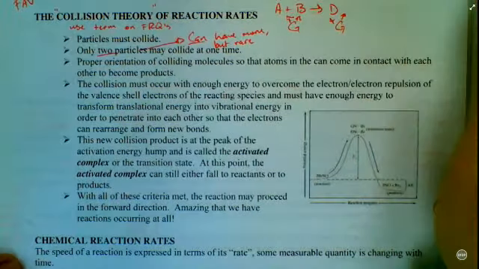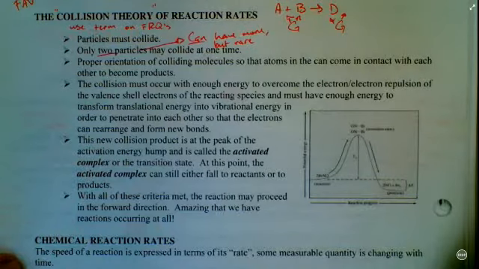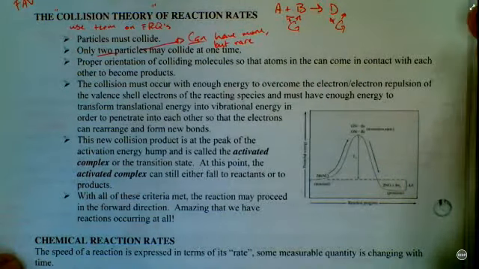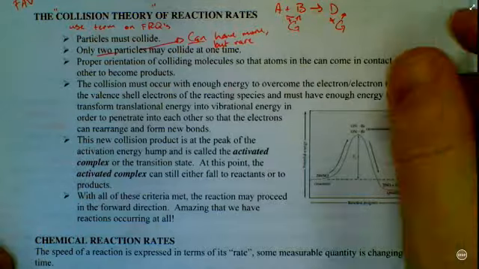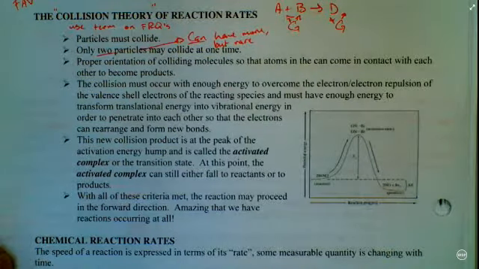So, like we referred to in the first video, proper orientation of colliding molecules is required so that atoms that come into contact with each other can become products. We have to be properly aligned, right? That proper geometry. They have to be facing the right way when they come into contact during that collision.